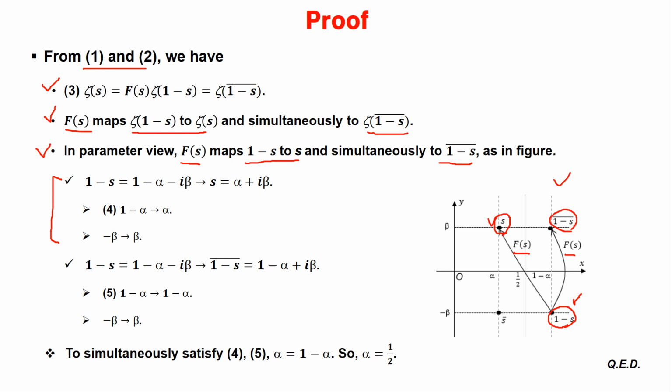So we have this simple transformation, and the second one maps this point to this point, and we also have a simple transformation here.